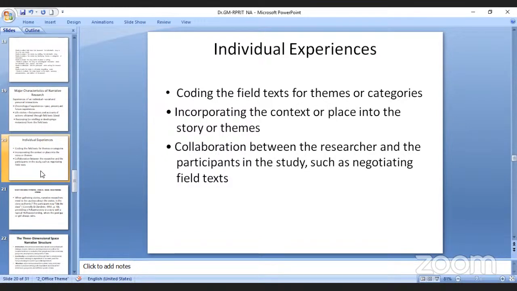If you come across some story, you have to categorize that based on the different themes or categories of the particular story, incorporating the context or place into the story or themes. So collaboration between the researcher and the participant in the study, such as negotiating field text. You can collaborate with the participants, such as negotiating in field text.